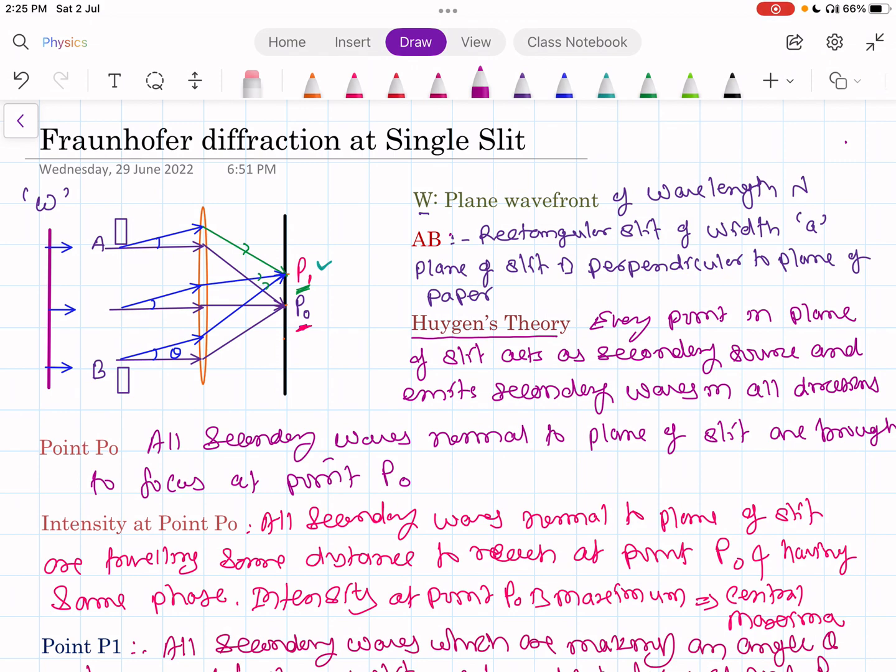But in case of the diffraction fringes, which we will get on the screen, the dark fringes are not completely dark. There is an intensity variation. No uniform darkness for the dark fringes or no uniform brightness for the bright fringes.